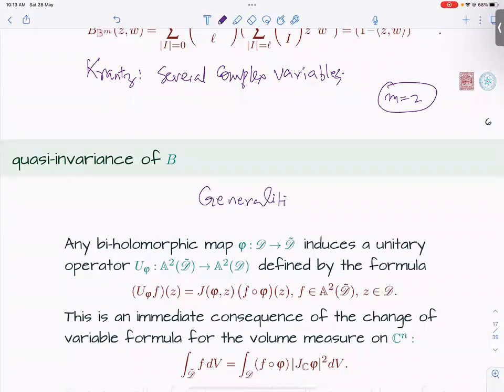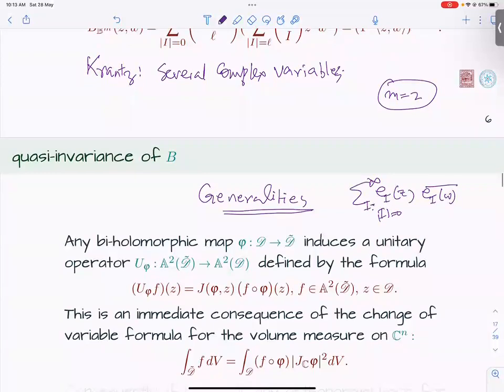So these were just the examples of Bergman kernel obtained by using the formula, the sum over all multi-indices I of e_I(z) times e_I(w) bar, with mod I from 0 to infinity. We saw that there were two answers.